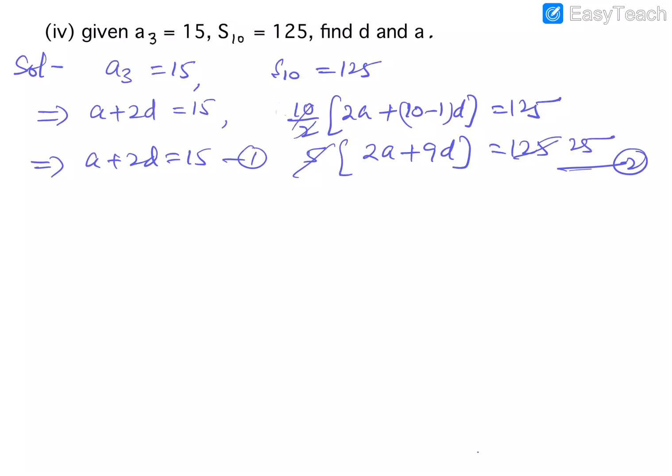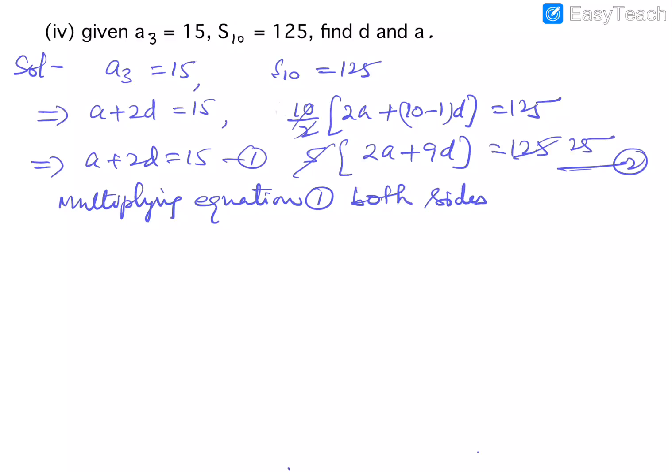Now solving these two equations by the method of elimination by equating the coefficients of a, multiplying equation first, both sides by 2, and then subtracting.